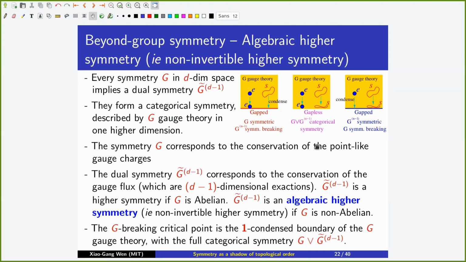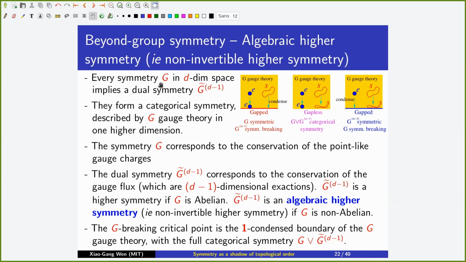And from this holographic picture, we also discover something new. That is, we can have a beyond group symmetry. There's some symmetry which is not described by a group, but is beyond group. And this is achieved by considering non-abelian symmetry.